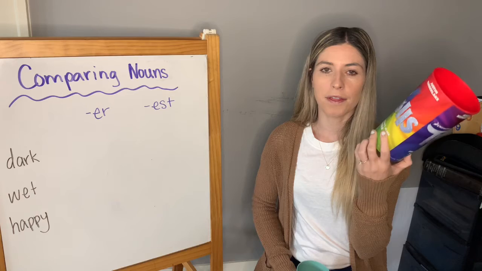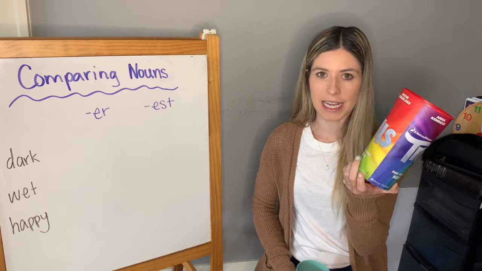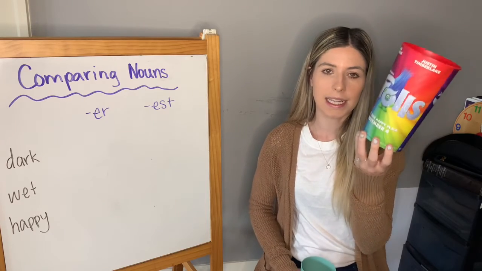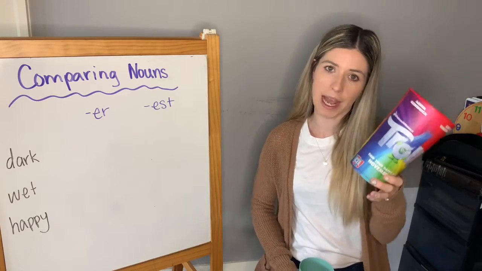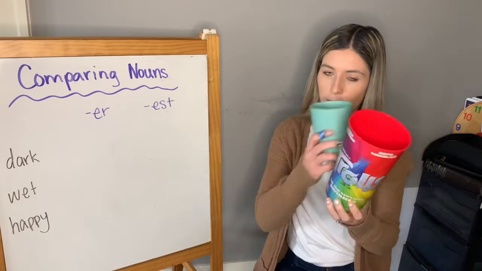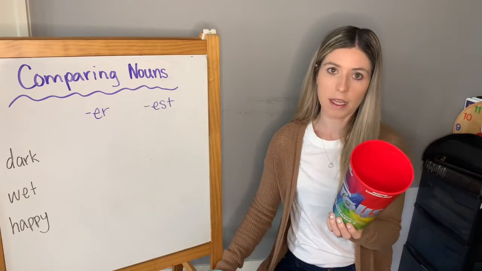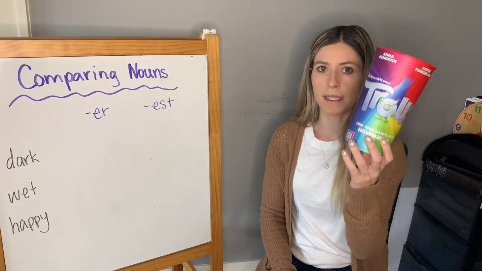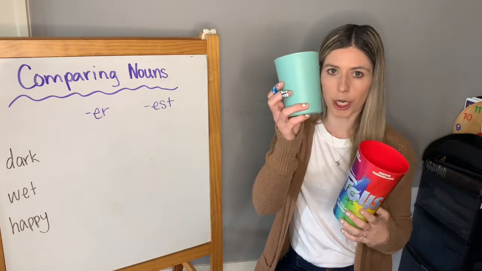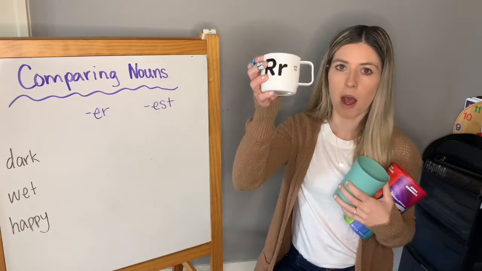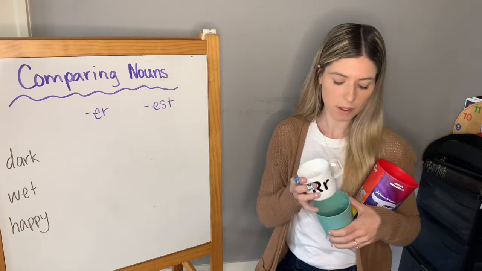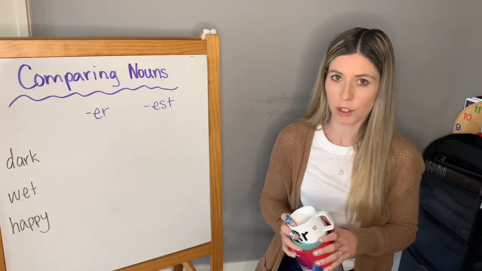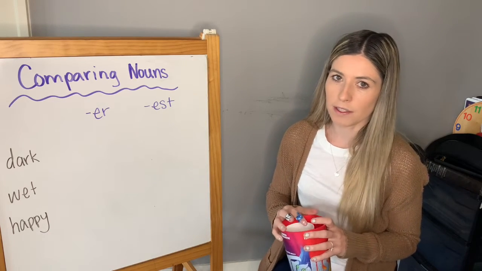So we add the suffix est, est in biggest, which is another special sound we've memorized, est in biggest, for the third item that we're comparing. Now, if we were going to go backwards, it would be the same thing. So if we were going to say the word small, this would be small, smaller, and smallest cup. So that's how we use words to compare. We change the words according to the suffix rules.